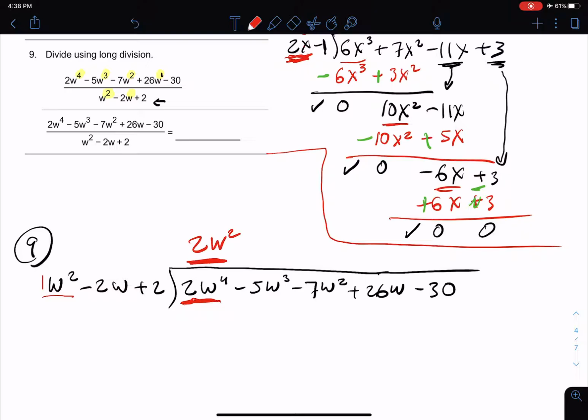Okay, so 2w squared times w squared is 2w to the fourth. And then 2w squared times a negative 2w is negative 4w cubed. And finally, 2w squared times 2 gives us a plus 4w squared.